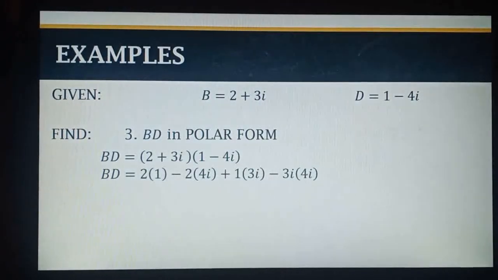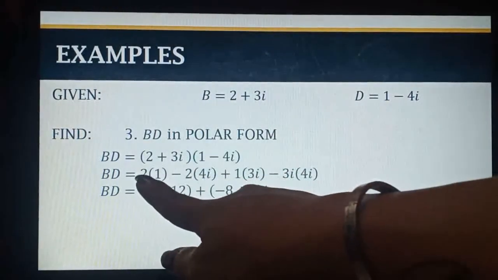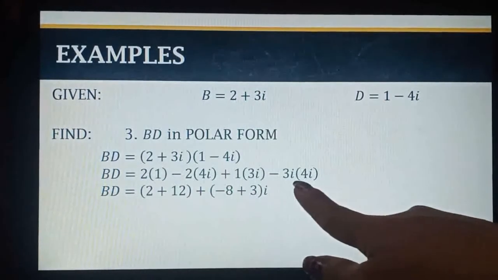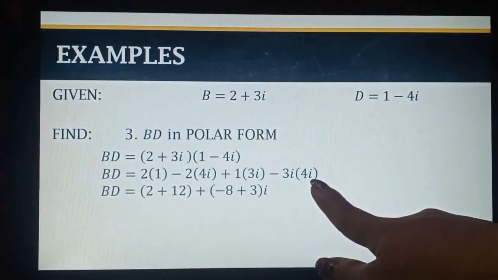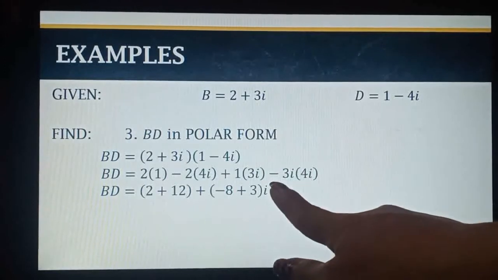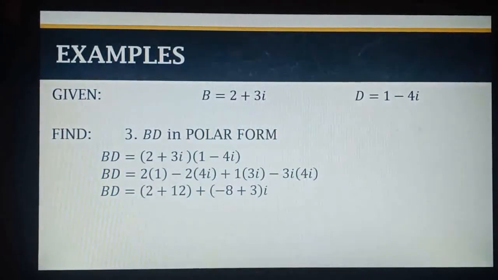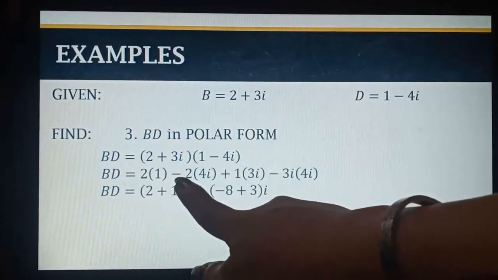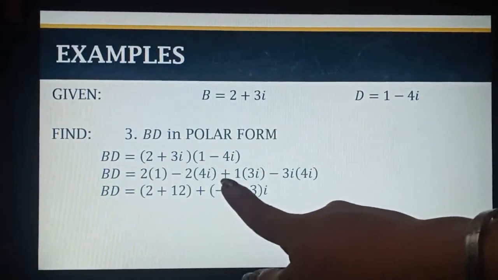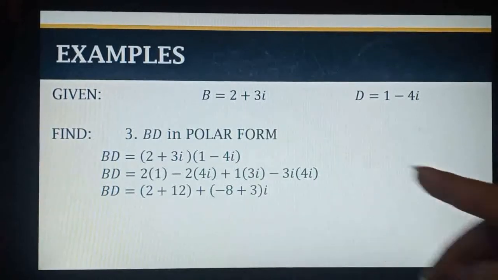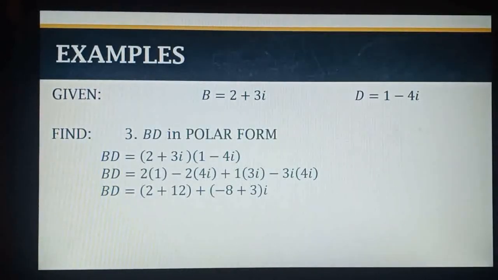Ngayon, i-evaluate natin, that's 2 multiplied to 1, tapos si i squared is negative 1 multiplied to negative, that is positive, so this is positive 12. Then this is negative 8i then positive 3i. Now, to get the BD, that is 14 minus 5i, but that is in rectangular form.